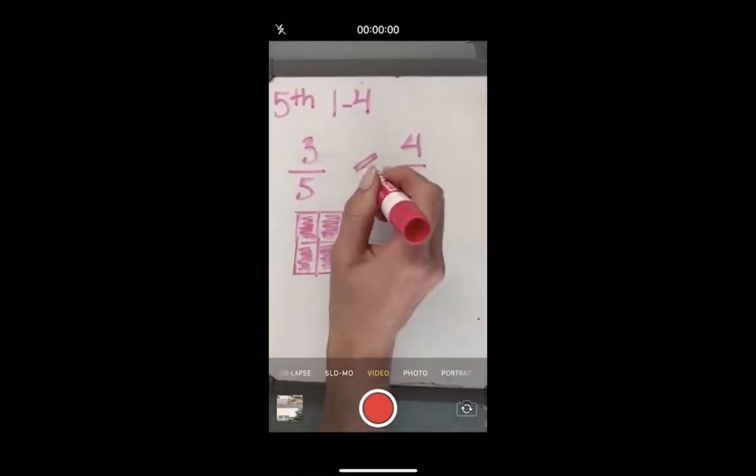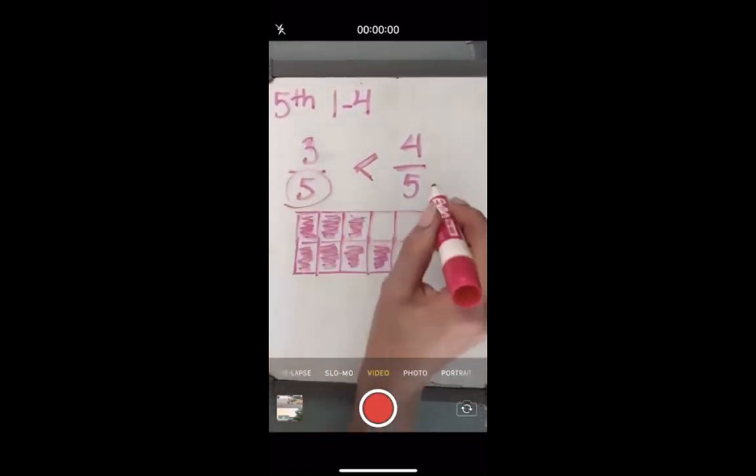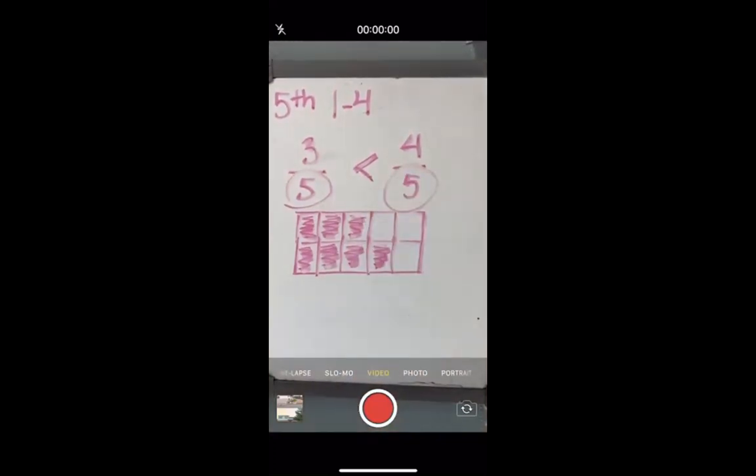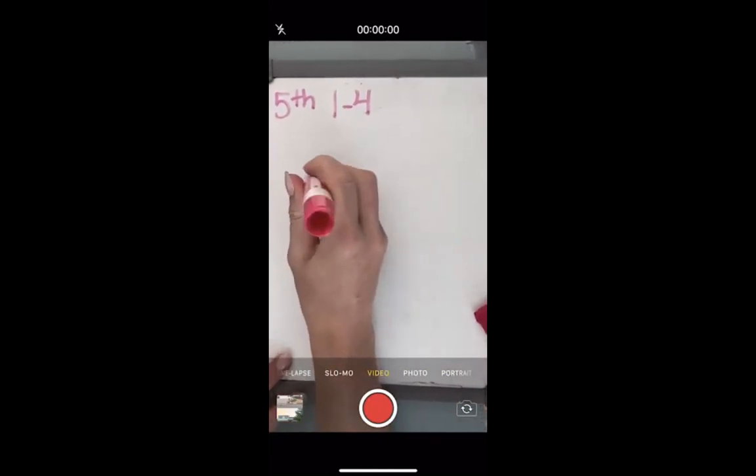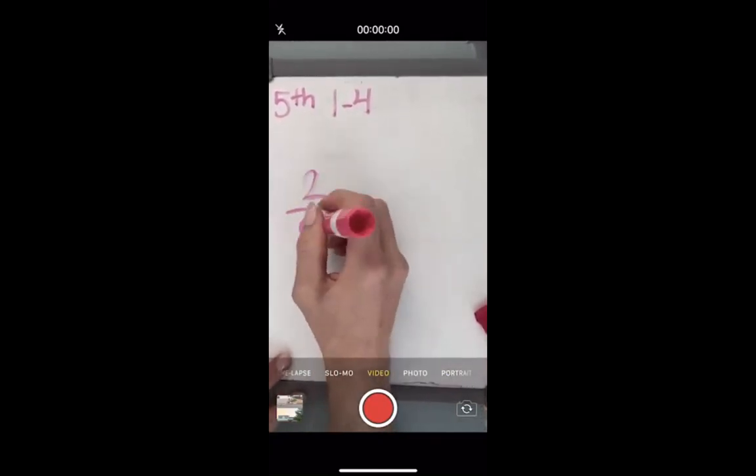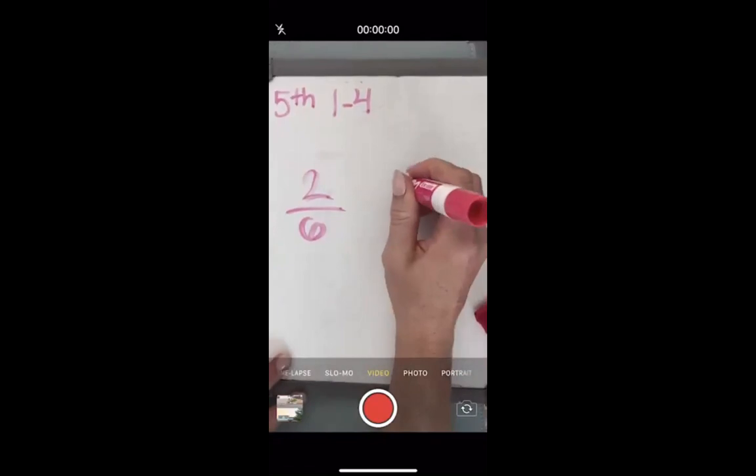If my denominator is the same, my pieces are the same size, whichever one has more will be greater. So it's pretty easy to do that. I could almost do this without even looking at a diagram here. So I'll give you one more example. Let's say I had 2/6 and 4/6.